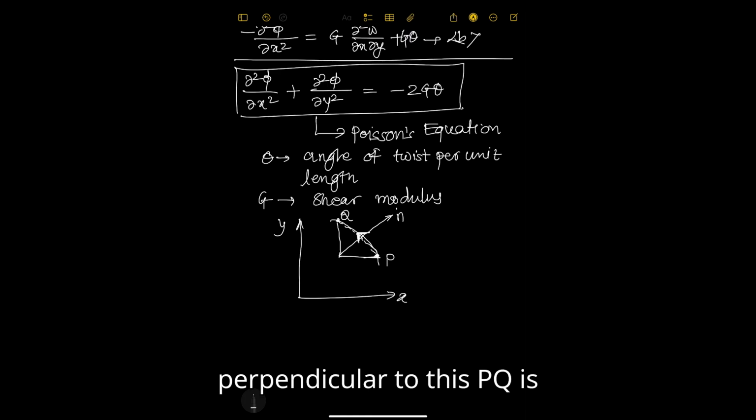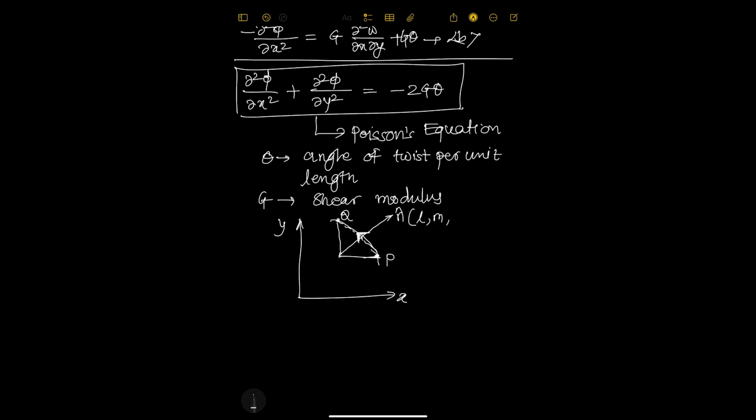The normal perpendicular to PQ is given by n bar, which is L comma M comma 0. This angle is alpha. This distance is minus dx. This distance is dy.